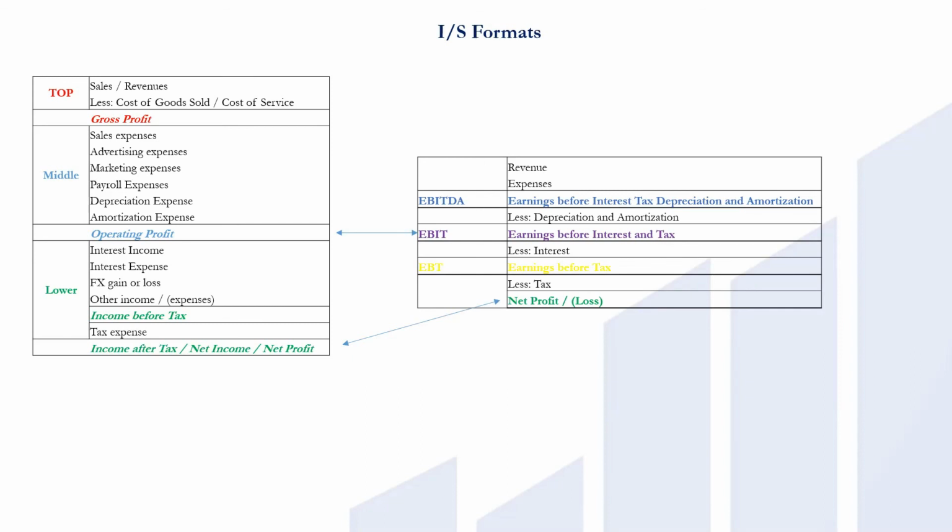What is left is the lower or the bottom side. Thus, we take out interest expense. We reach what we call the EBT, because the I has been taken out. Earnings before tax, we take out tax, and we will have our net profit or net loss. These are the two common formats of the income statement that you should expect to see.